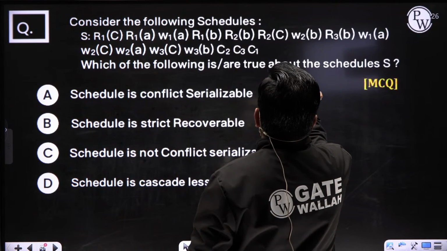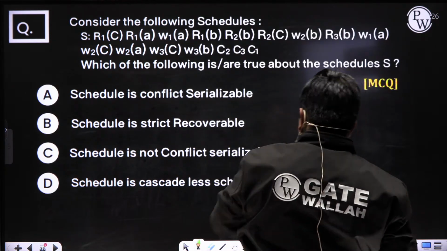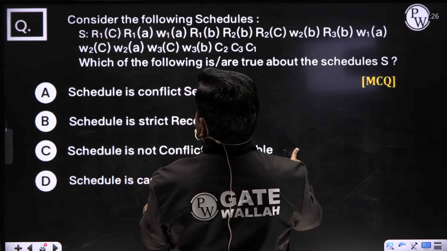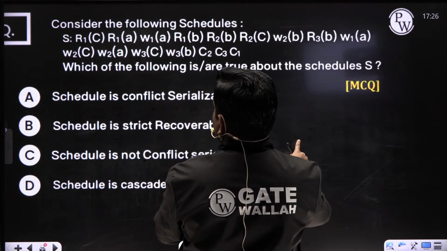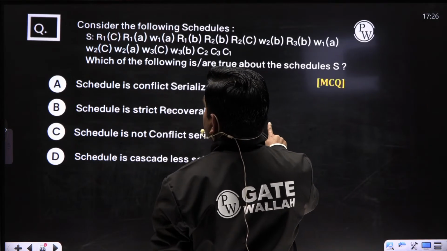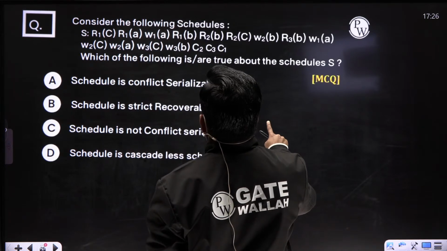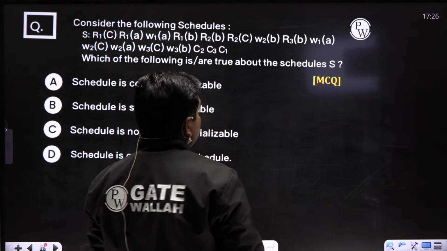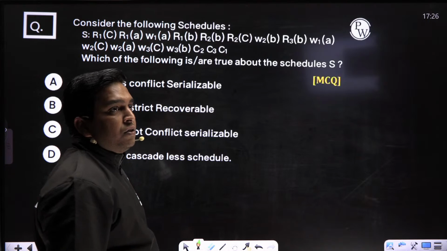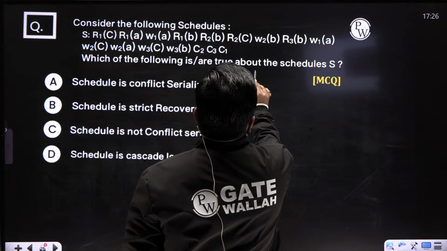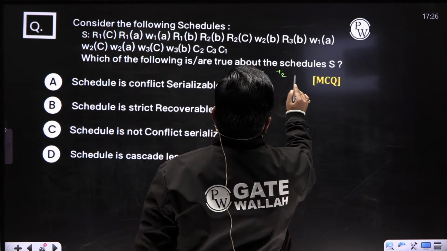There are 3 transactions: T1, T2 and T3.